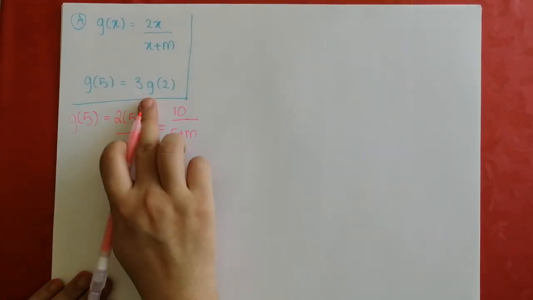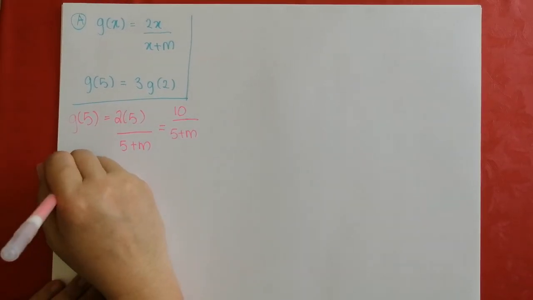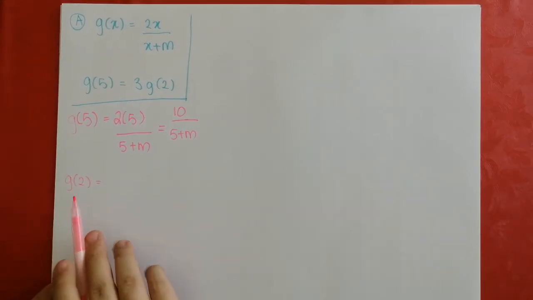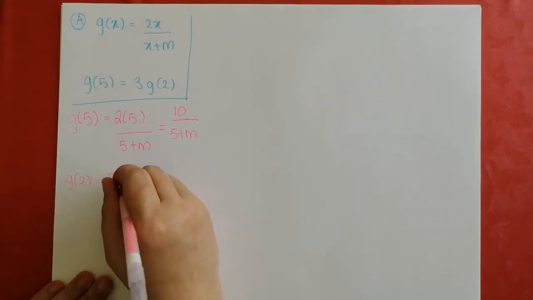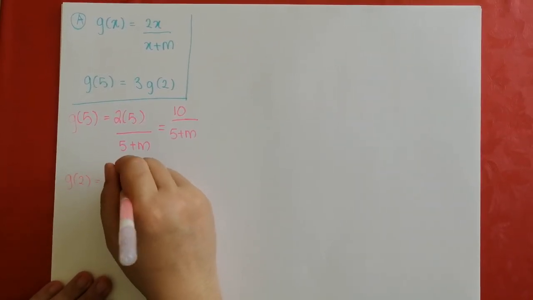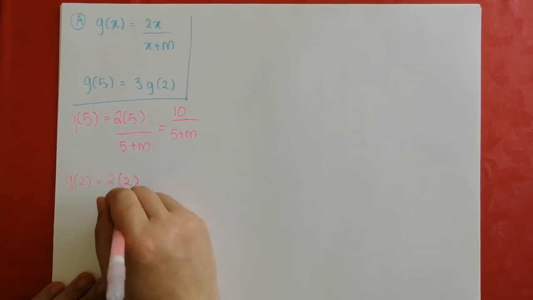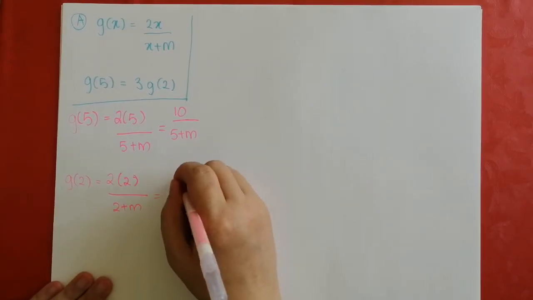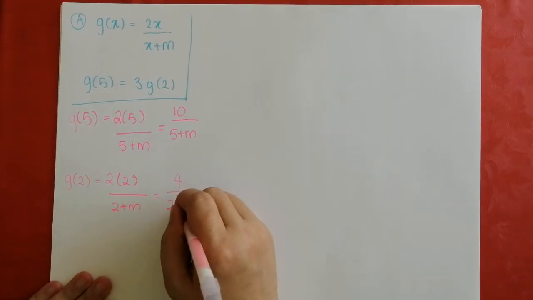Then we also need to find g of 2. g of 2 means you are changing x to 2. So you have 2 times 2 over 2 plus m. So all the x you are changing to 2. Therefore, you have 4 over 2 plus m.